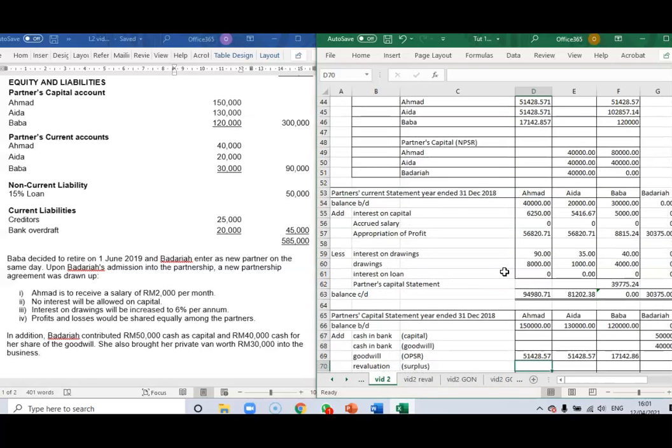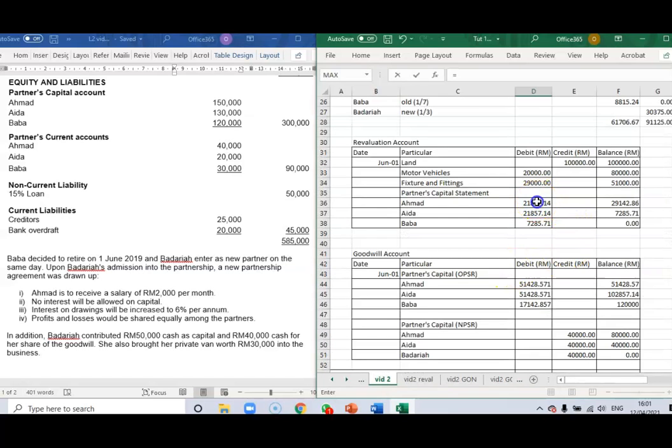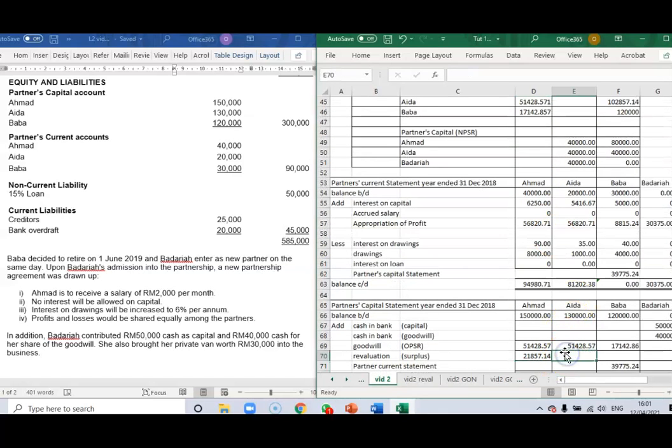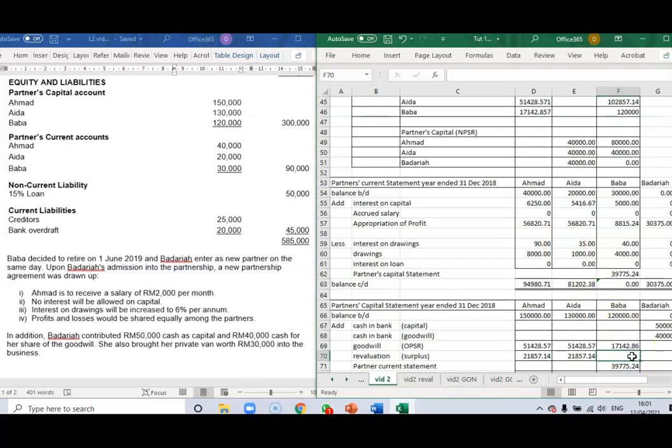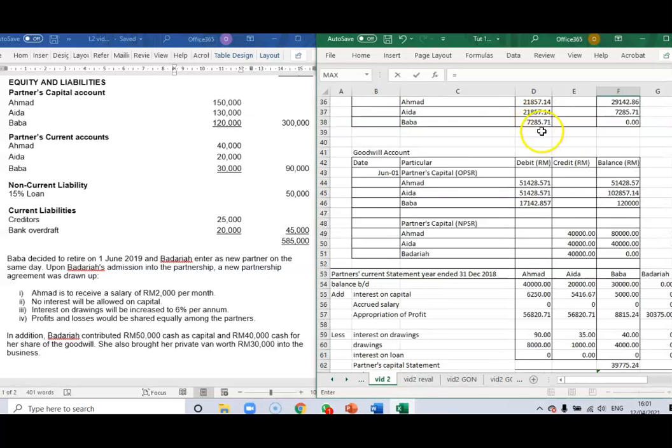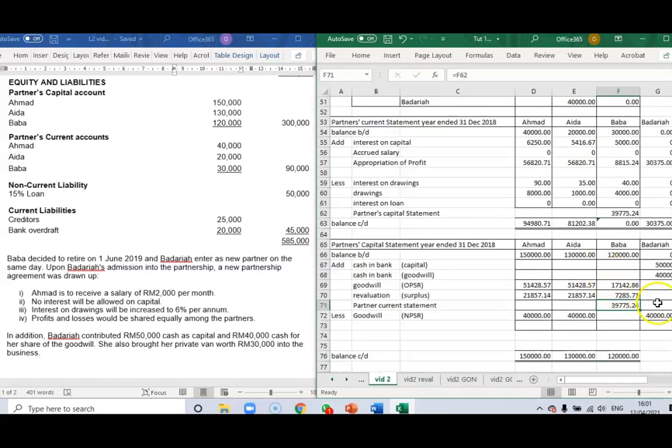So Ahmad's distribution of surplus, Ida and Baba. Badaria does not have the revaluation surplus, and also Goodwill with the old profit sharing ratio. Badaria only has this one, and Goodwill this one for Baba is 0.